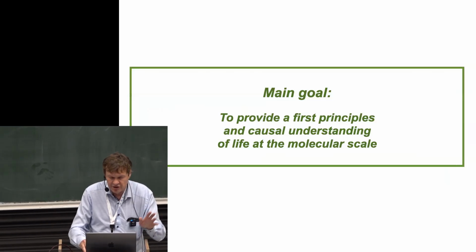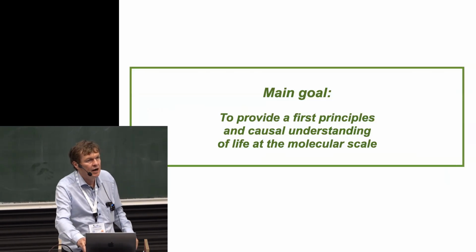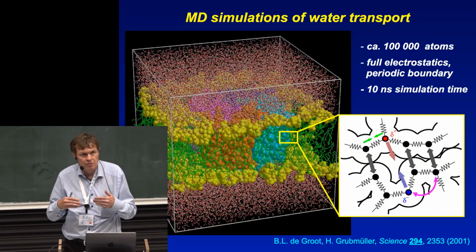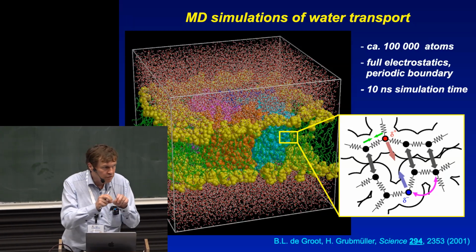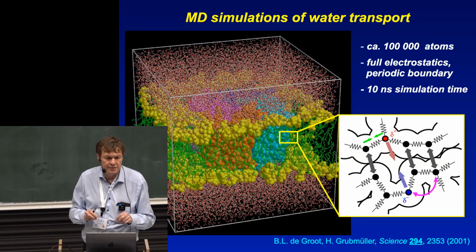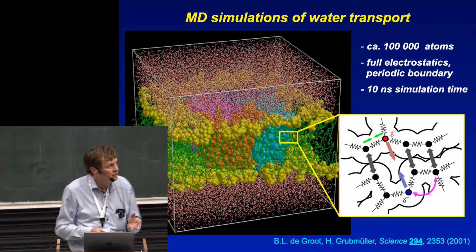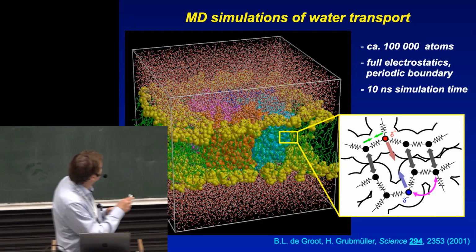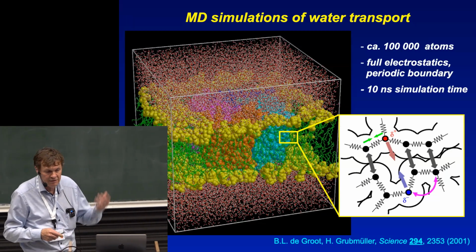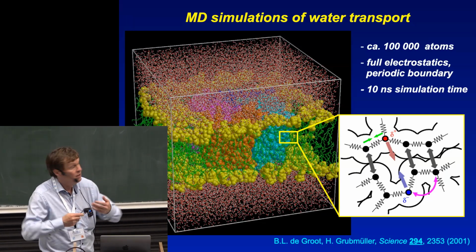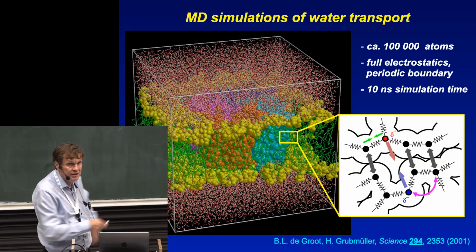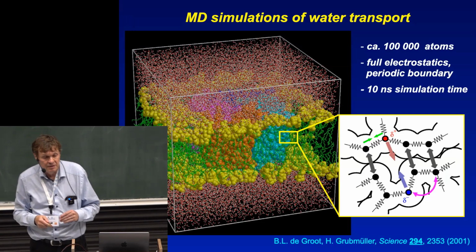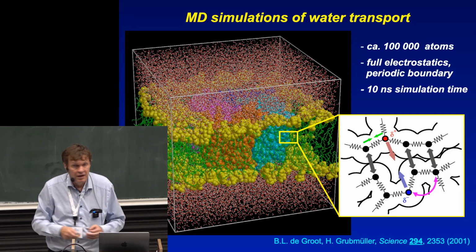Okay, having mentioned that, how do we approach it? So what we try to do is to calculate the motion of every single atom of what we call a simulation system, which typically consists of a few molecules, proteins, in this case aquaporin. The water channel sits in a membrane, so we include also a patch of a membrane here in our simulation system, atom by atom, as well as water.